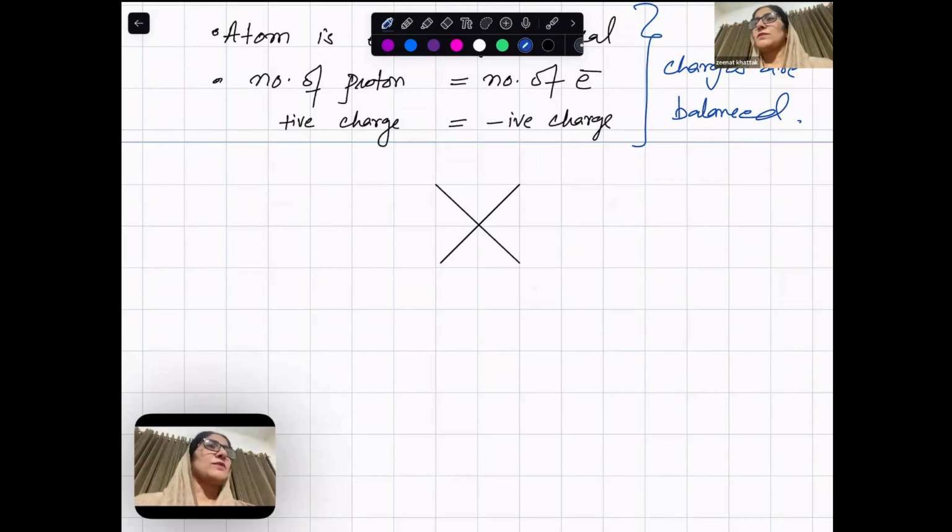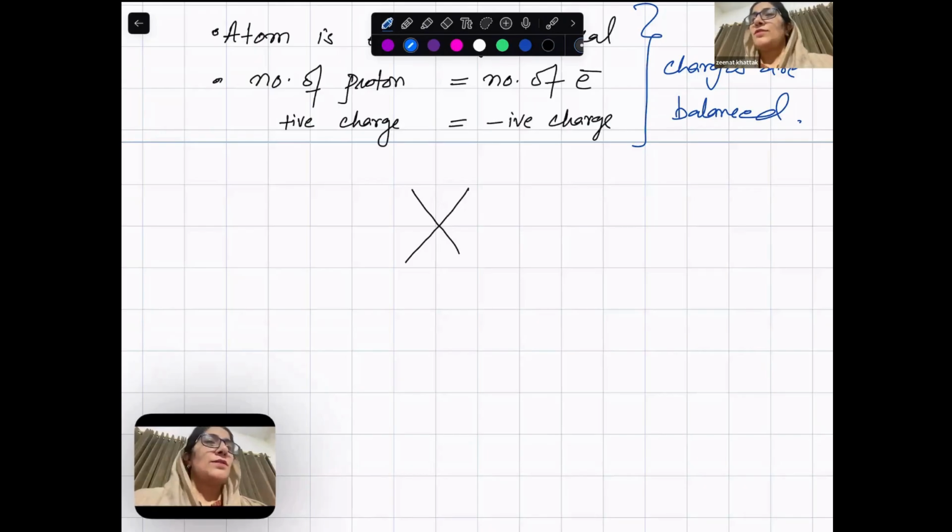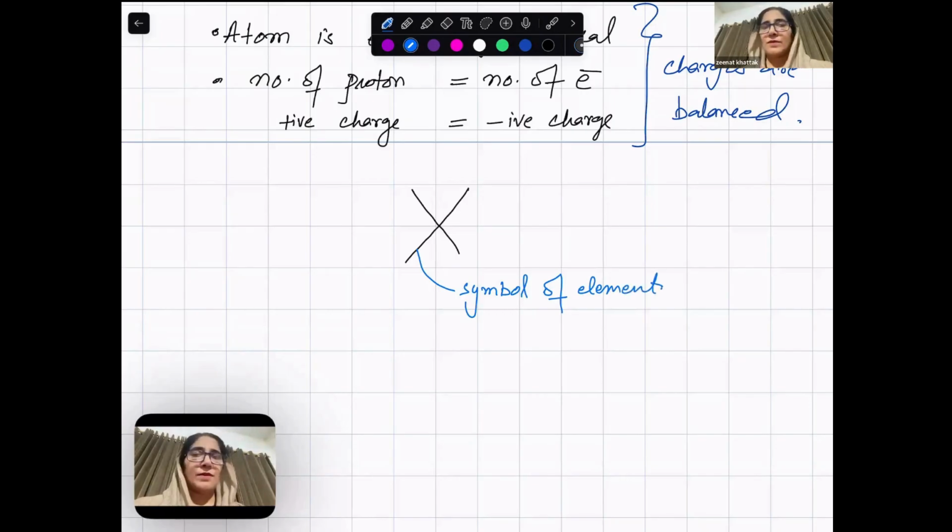Suppose X. This is the symbol of the element.